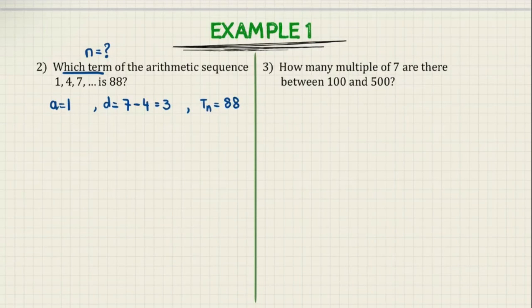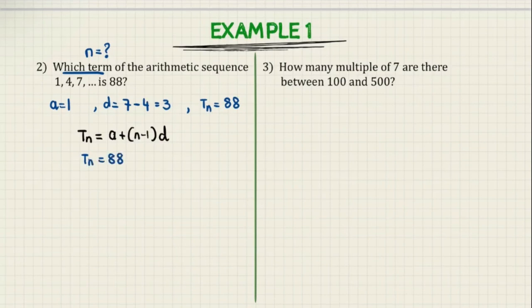Okay, so now macam mana nak dapatkan n? So use the formula Tn equals to A plus n minus 1 D. Okay, so using Tn sama dengan 88 kan? So saya akan buat sekejap. Tadi kita kata Tn sama dengan 88.